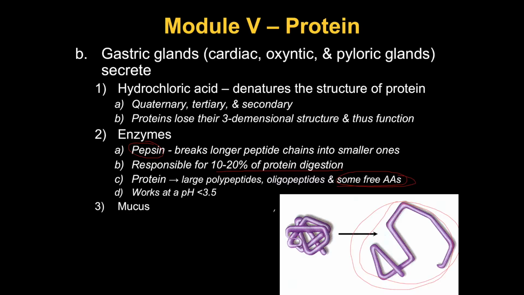But in the stomach, basically we're getting just some peptides, polypeptides, oligopeptides, and it's really in the next phase, the small intestine, where we're going to see a significant amount of these free amino acids floating around in the GI tract. We also, of course, release mucus to protect the lining of the stomach from the hydrochloric acid.